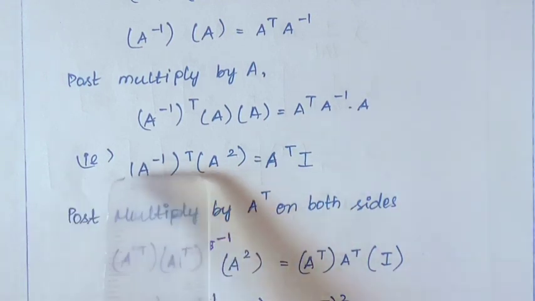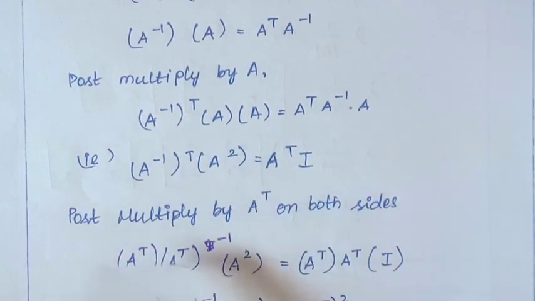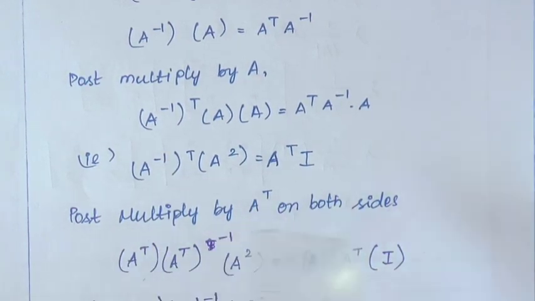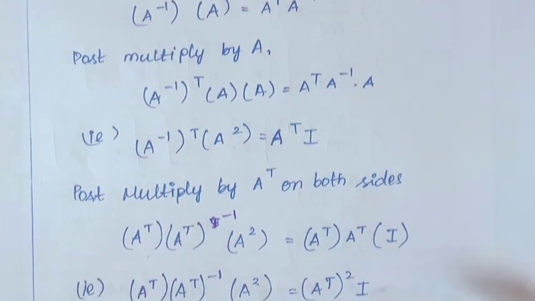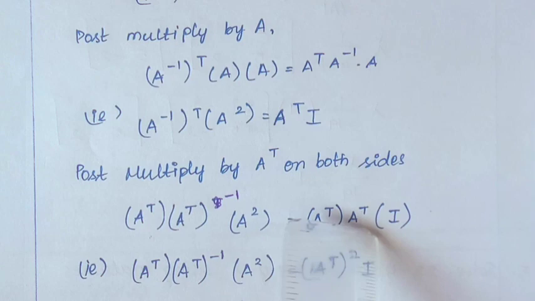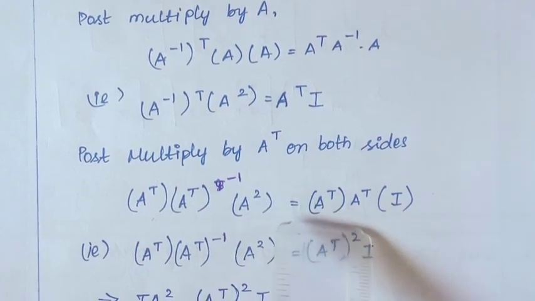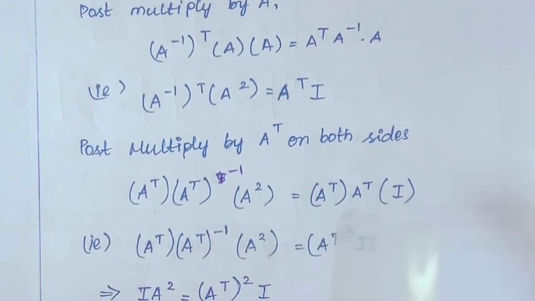Okay. So with this equation you have to multiply A^T on both sides. So like the transferring, we get A^T, and after multiplying we put it as square.